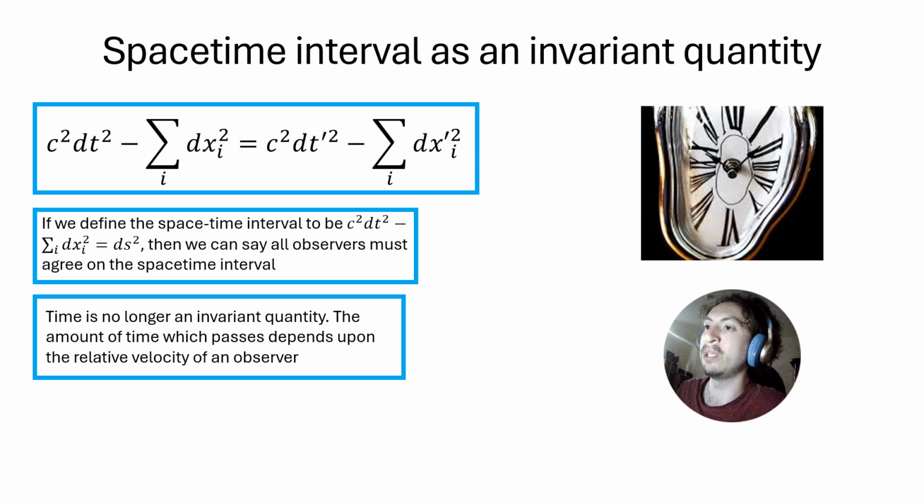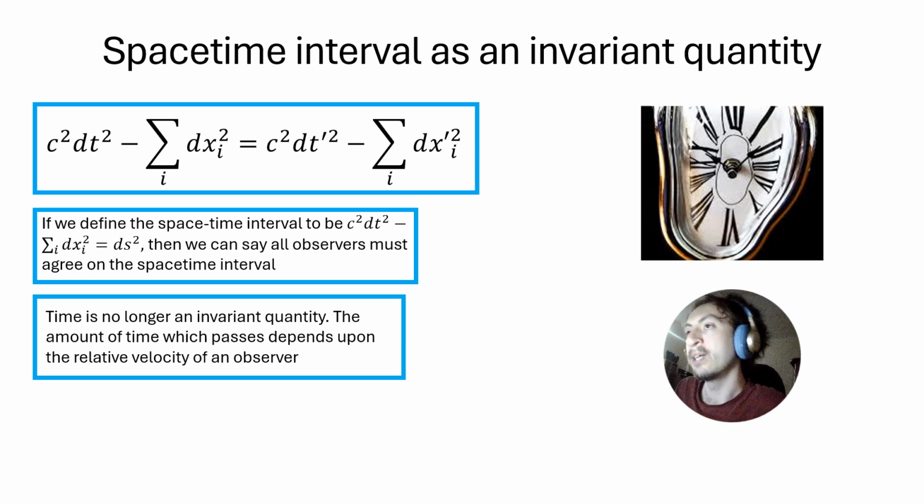What that means is that time from the perspective of the moving observer is going to have to be different in terms of the rate of time compared to the stationary observer. So time can move at different rates.